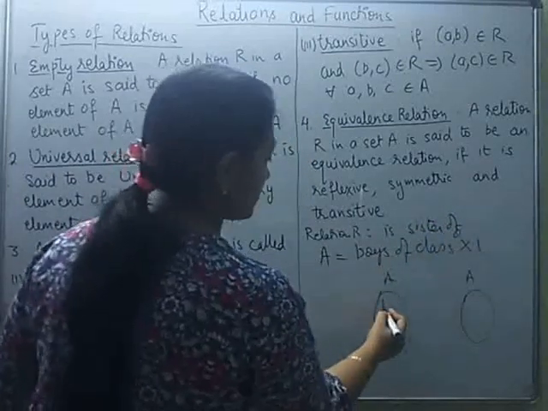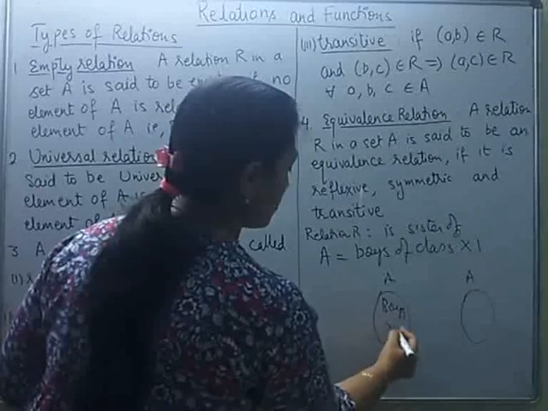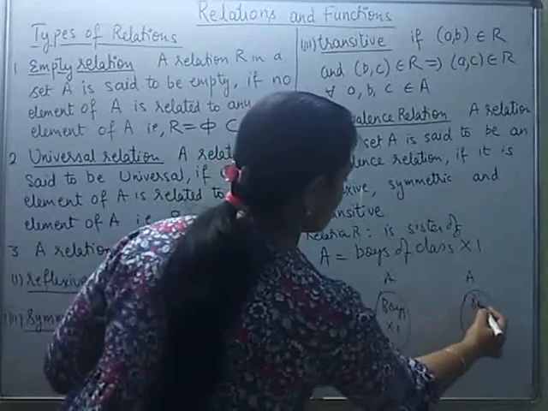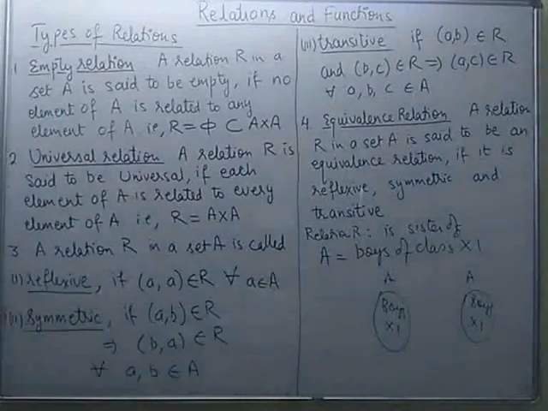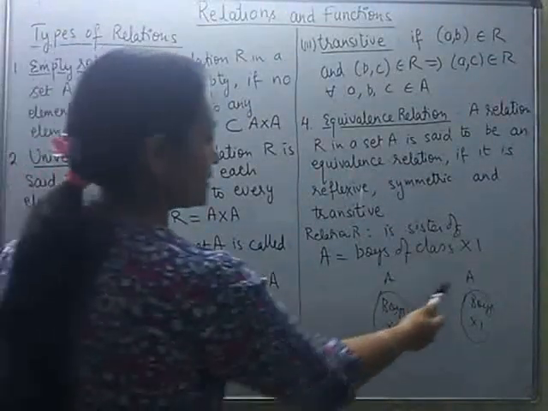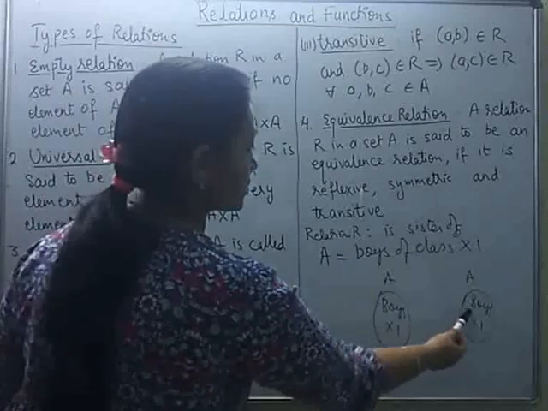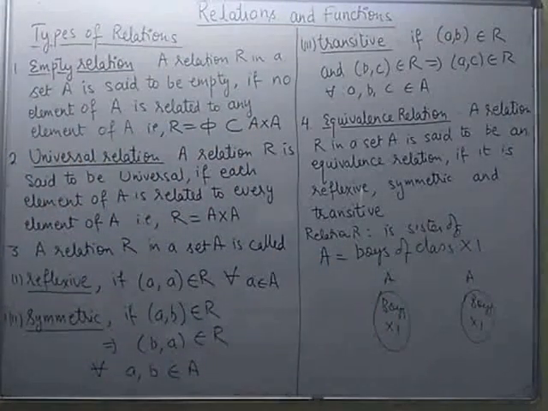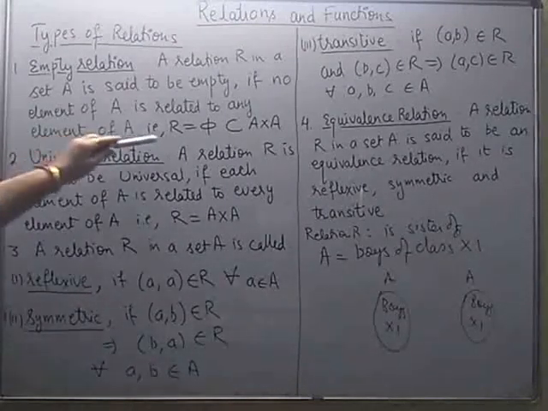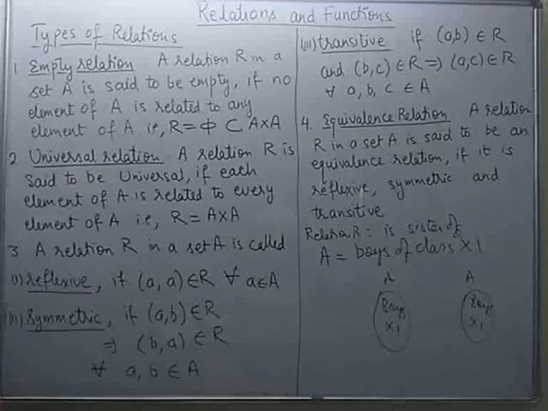When I am talking about boys of class 11th, obviously if I have to establish a relation is sister of between these two sets, we are not going to get any ordered pair in the set R, which is a relation. So in that case, R reduces to null set.